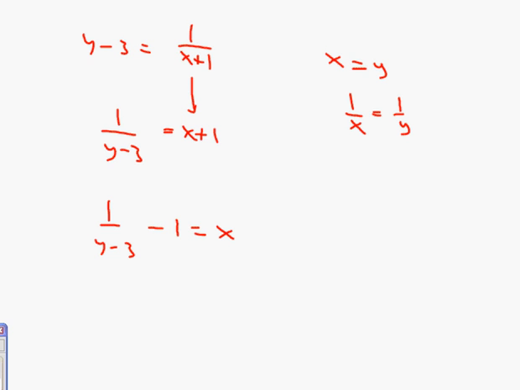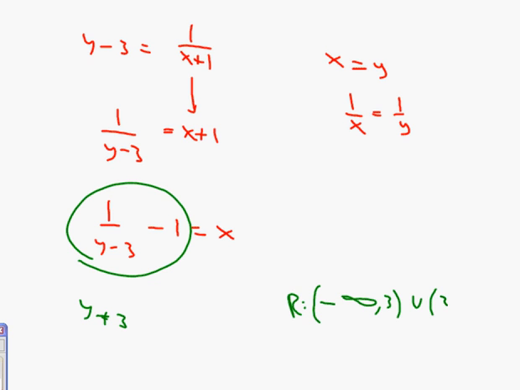If you quickly look at the expression on the left, you'll notice that y can't equal 3. That's the one number that's not allowed in our range, because there's no x value you can choose that would give you back a y value of 3. Anything else is possible. So our range in this problem is just -infinity to 3 union 3 to infinity.